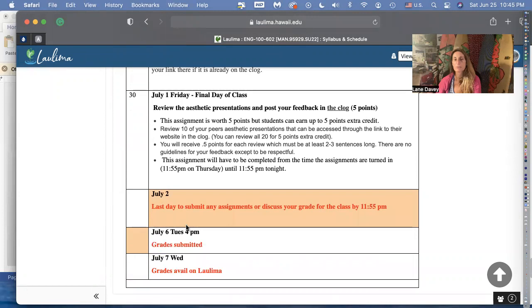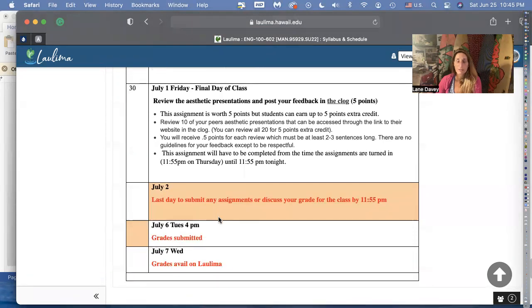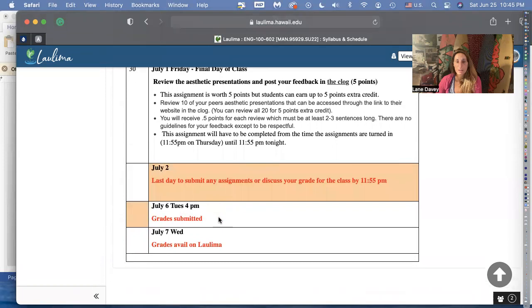You also have to accumulate at least enough points on top of that through your daily assignments to get a passing grade. So if you haven't turned in any of those assignments, you need to get them in by July 2nd, and don't leave it to the last minute. Things can go wrong.